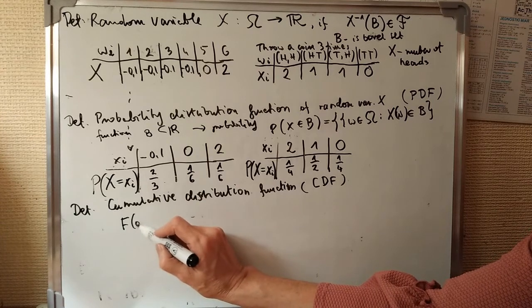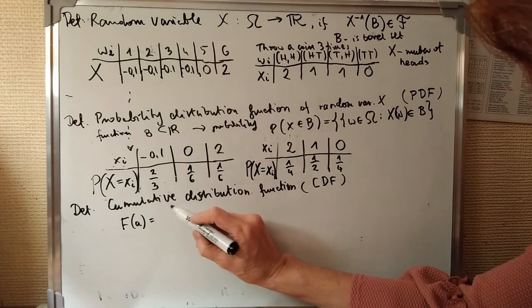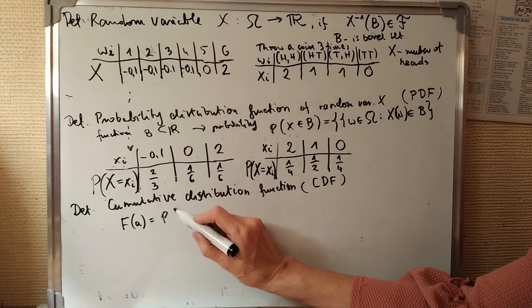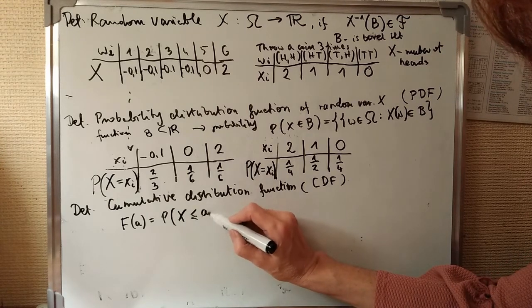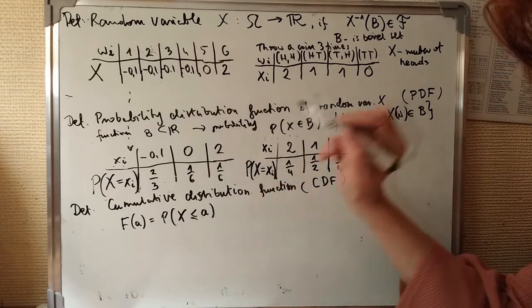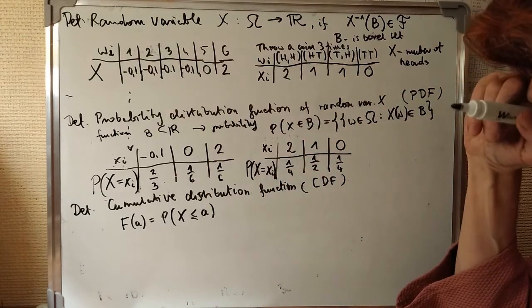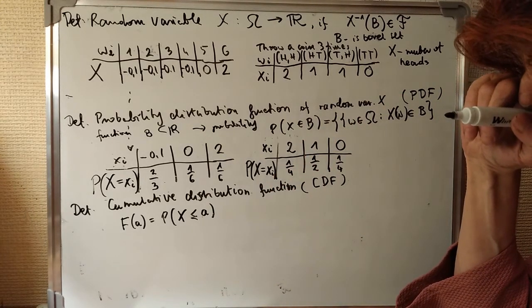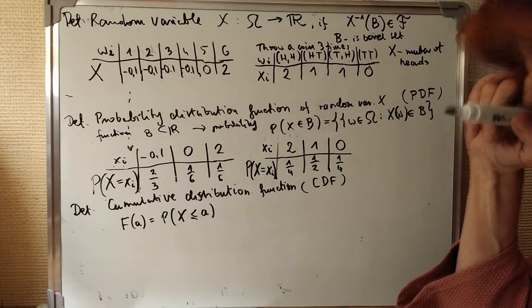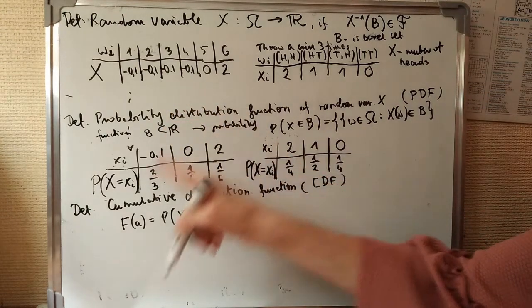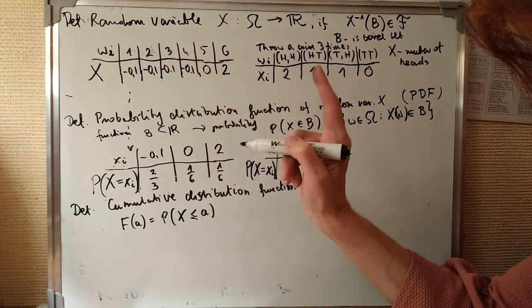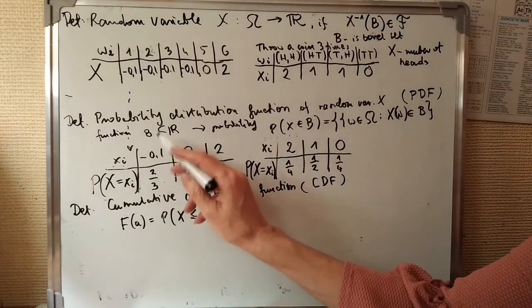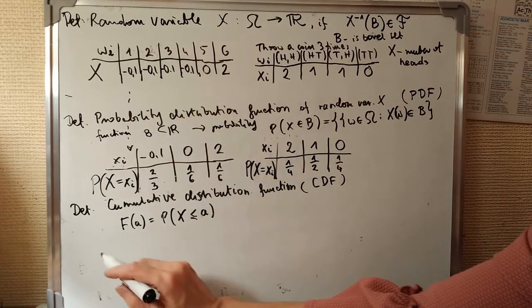F of A is equal to the probability that X is not bigger than A. So, let's have a look at our first case, and our random variable X given here.